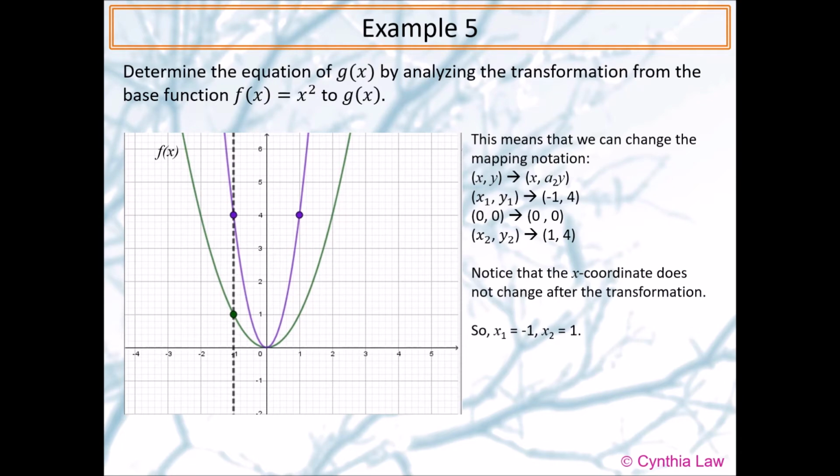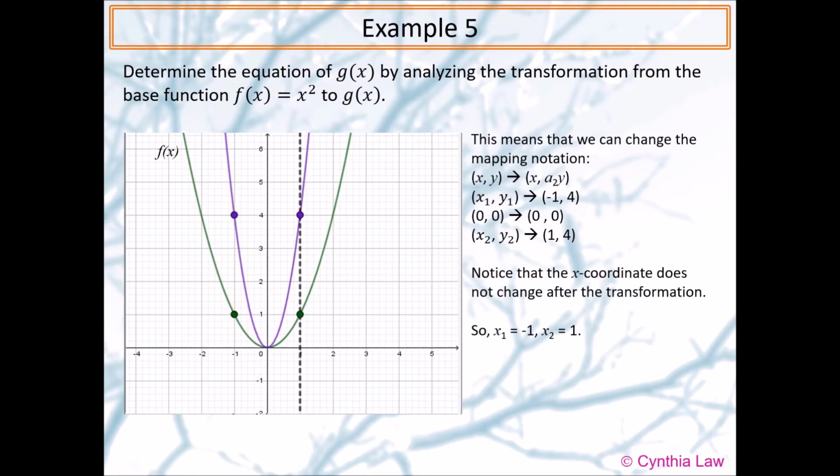So now we can see that on f of x, we have x subscript 1 where it is -1. So that means we have the point -1, 1. Now at the other side, we can draw another vertical line so that x subscript 2 has a value of 1.